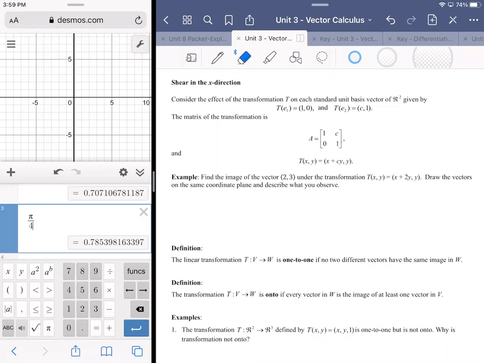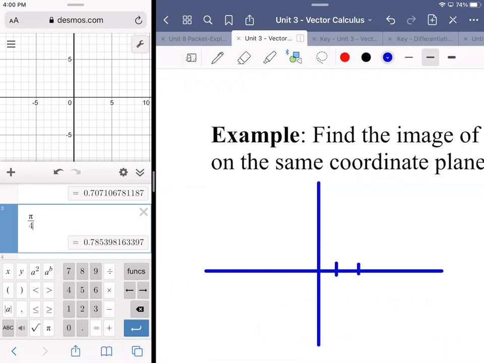All right, so let's get (2, 3). Let me actually get the right kind of marker going here. (2, 3). And I'm going to write it again as a column vector.